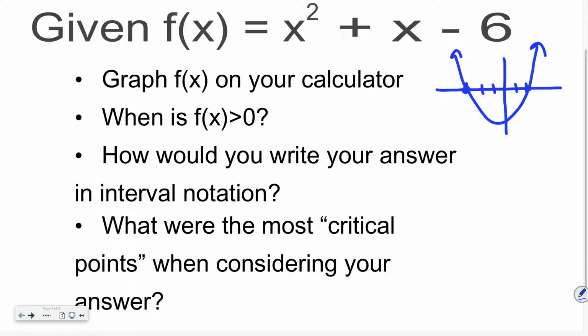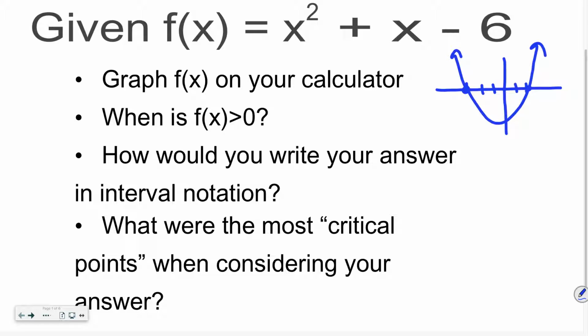Like the function itself. Which values does f of x stand for? The y values. So I'm asking for when is y greater than 0, right? What kind of values are greater than 0? Positive. So this is asking for when y is positive.